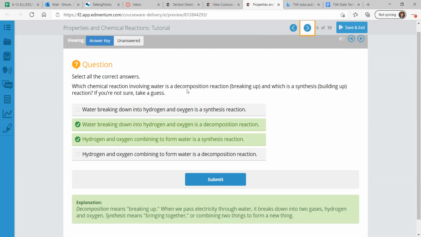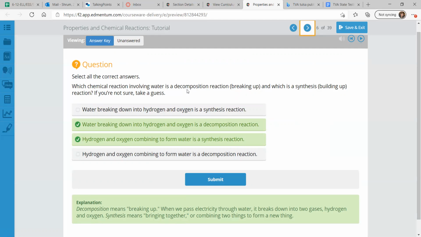All right, so a question: which chemical reaction involving water is a decomposition reaction? Decomposition means breaking up. And the opposite of that is synthesis. That is when things come together. They're building up something else. And if you're not sure, take a guess.